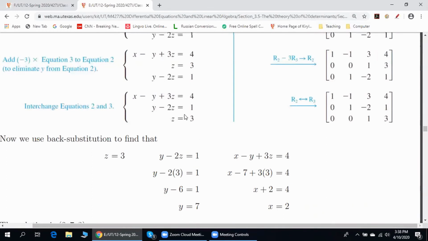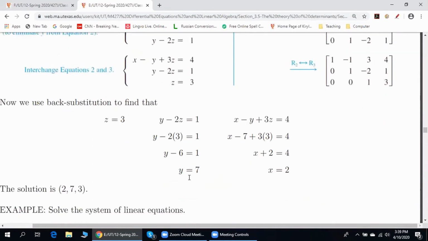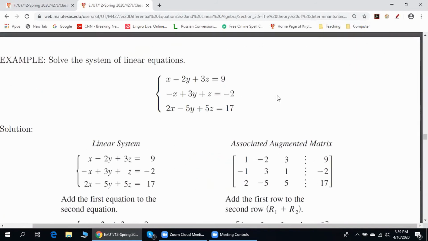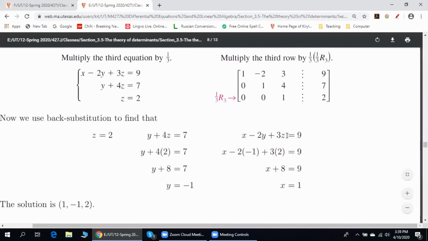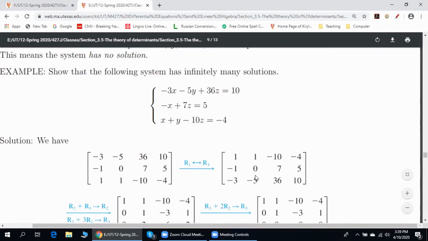Then we switched to the corresponding system and solved this system. We did the same thing here.